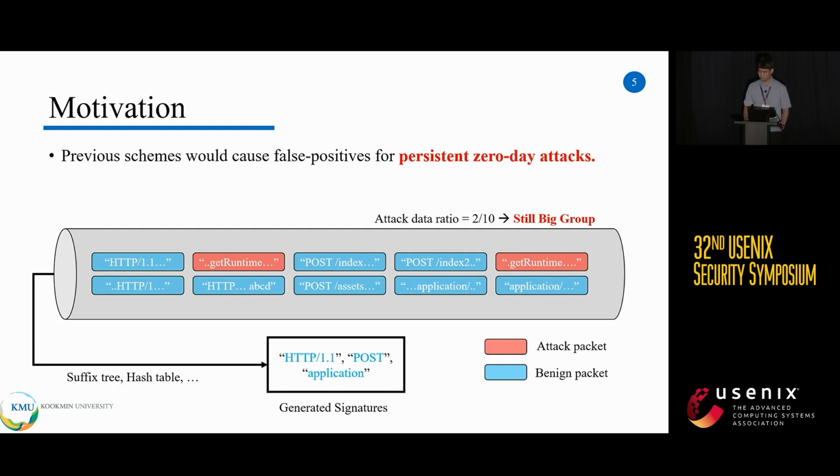However, our previous work failed to identify suspicious signatures in datasets when the attack ratio is low. Although the attacker sent similar content repeatedly, 20% in this slide, their total amount is much smaller than that of normal traffic. We call this problem persistent zero-day attacks.